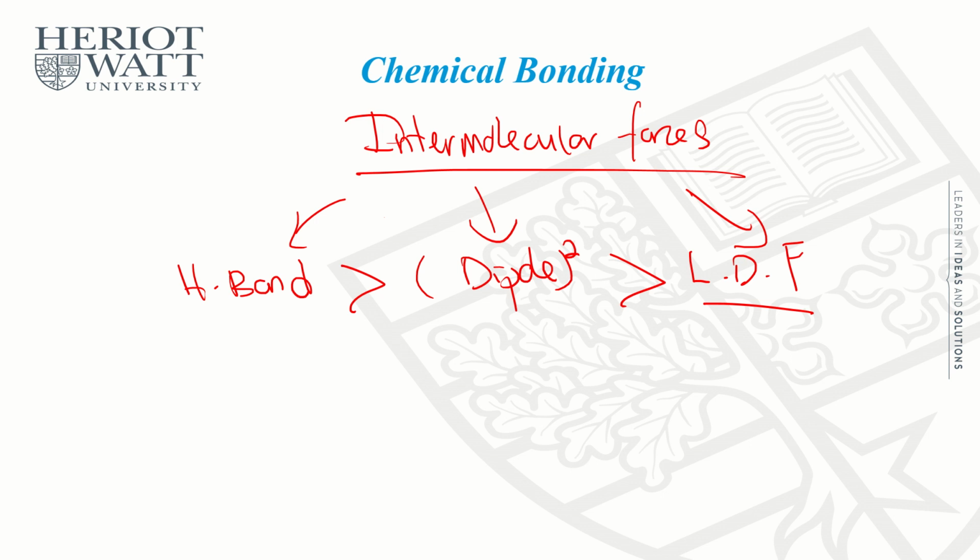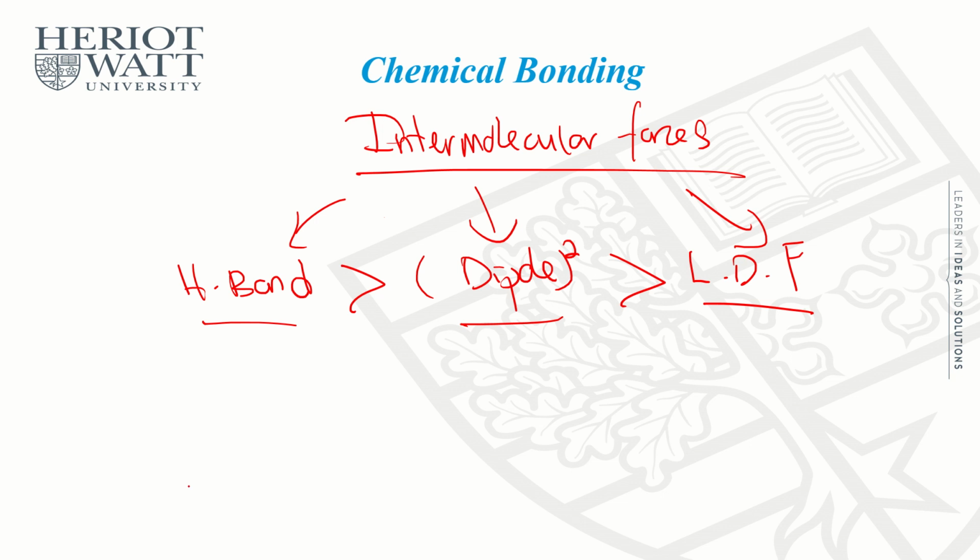And in addition to the London dispersion force, some molecules will give you dipole-dipole forces. This is an additional intermolecular force which makes the attraction between molecules stronger. Or some molecules actually form hydrogen bonds. Now, how do we know whether a given molecule forms dipole-dipole, hydrogen bond, or just purely London dispersion force?